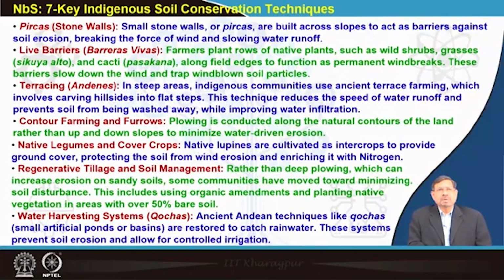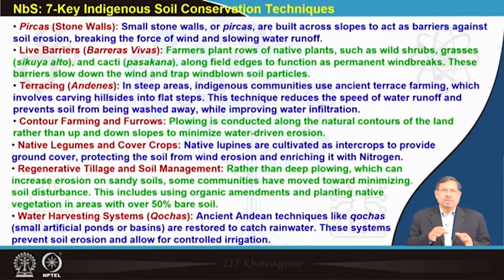Let us see how they do it. There are 7 key indigenous soil conservation techniques. The first one is construction of small stone walls, the pyracas. The pyracas are built across slopes to act as barriers against soil erosion, breaking the force of wind and slowing the water runoff.